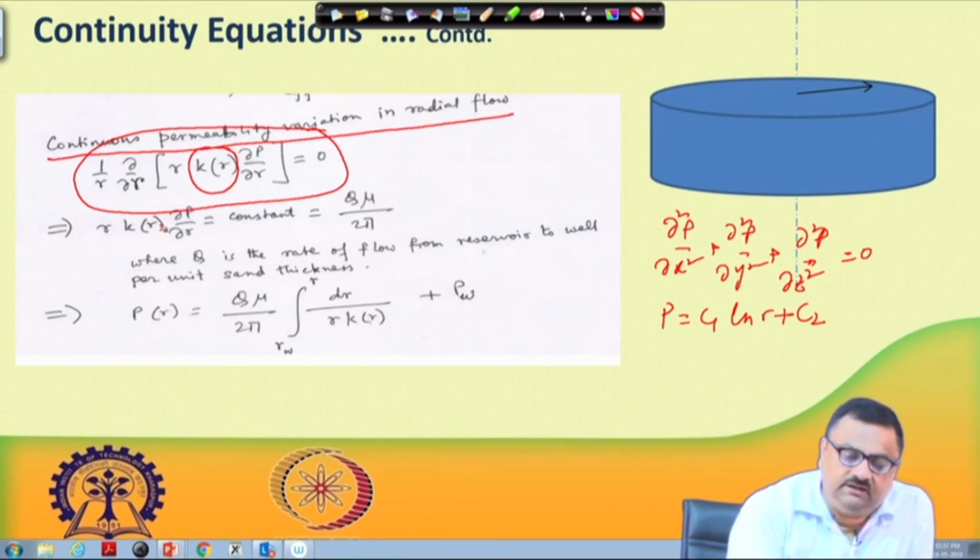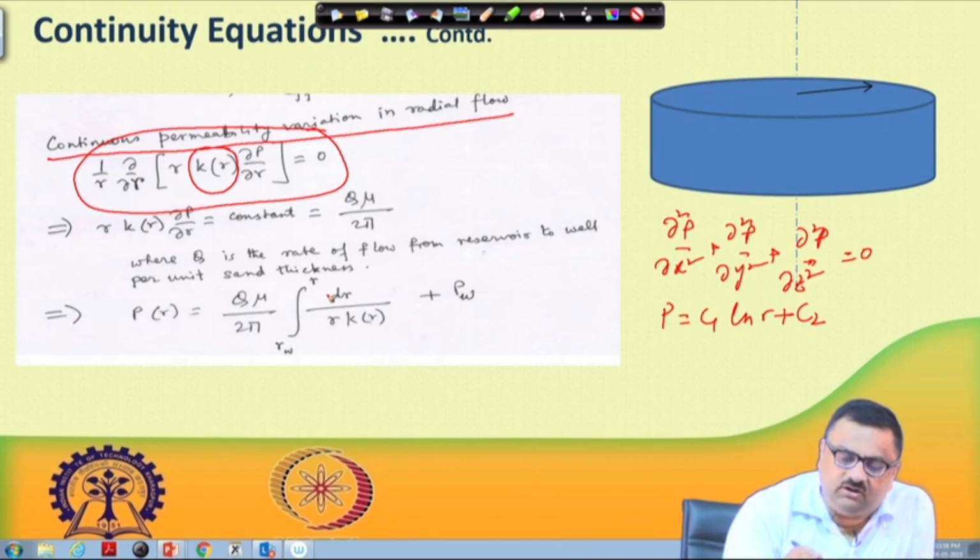That time r into del p del r was constant, k was not in the picture, but here we have r into k(r) del p del r equal to a constant, and that constant we can find out is q mu divided by 2 pi, where q is the rate of flow from reservoir to well per unit sand thickness.